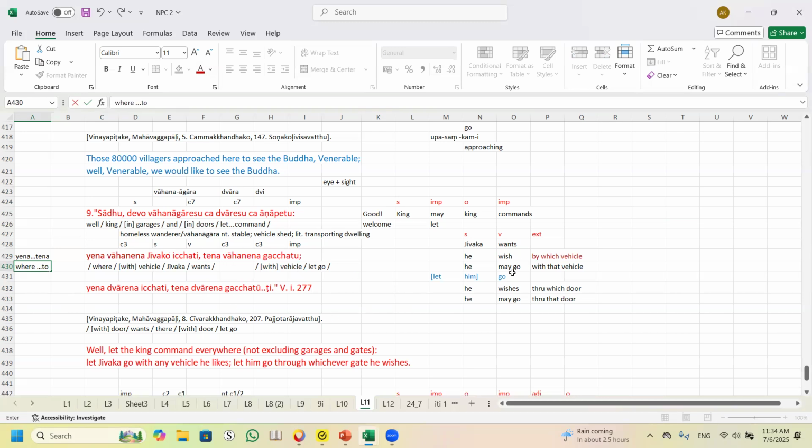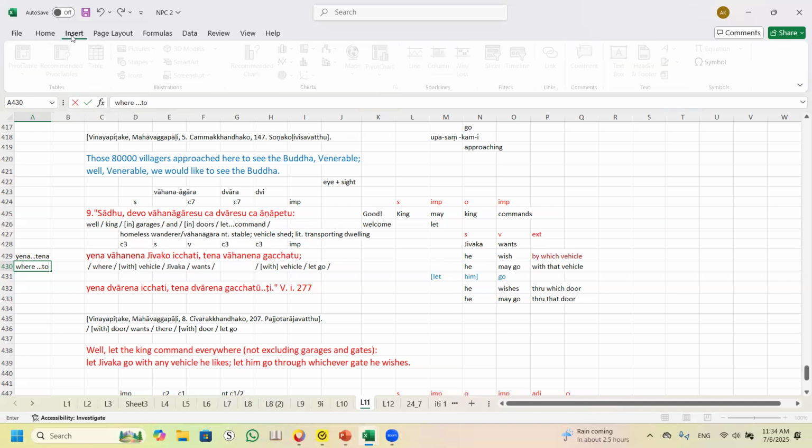So in this case, can you see the word is imperative. He may go with that vehicle. So this line is supported in here. Let me draw for you.